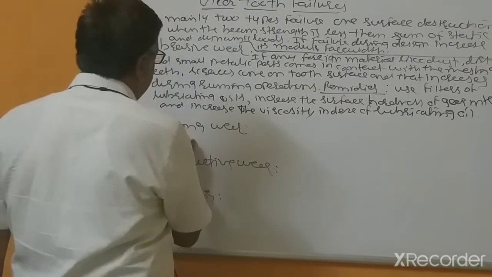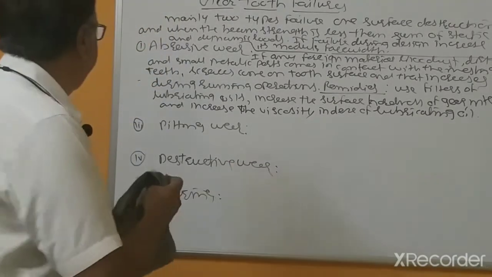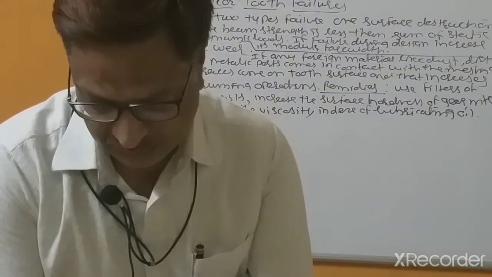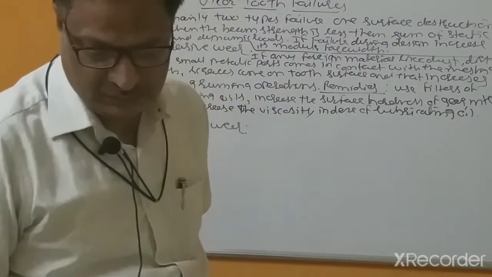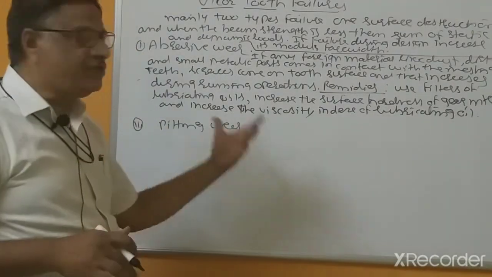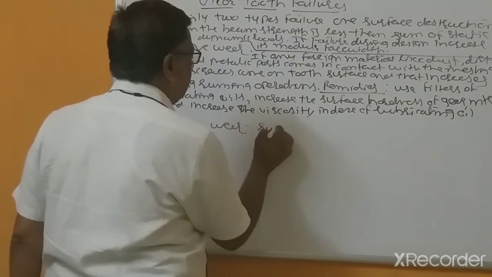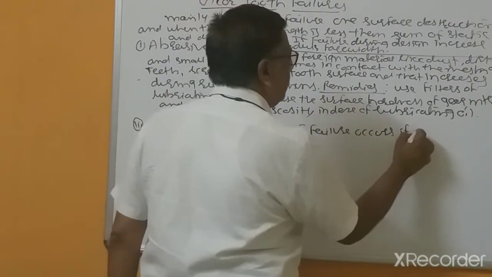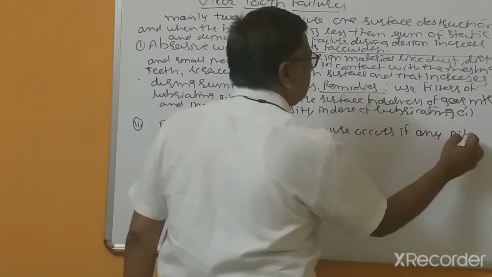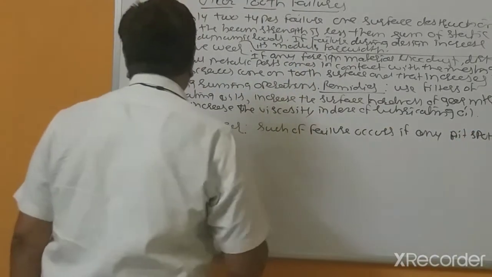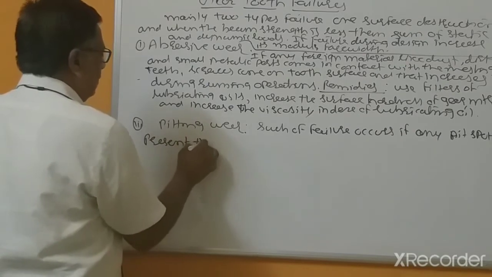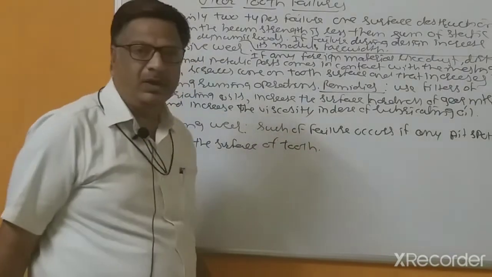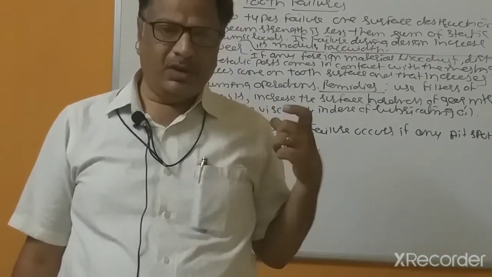Now the next type of failure is the pitting wear. In pitting wear, this type of failure occurs if any pit spots are present on the surface of the tooth.